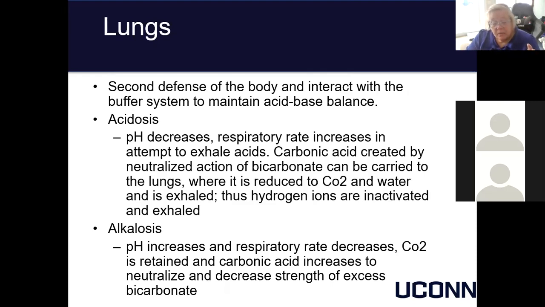And the whole body is set up to maintain the pH of the body, of the blood, if you will. That's where it's optimal. And the lungs, the respiratory system, can respond in a nanosecond to help compensate for changes in the pH. What's the other side of that system that maintains acid-base balance?